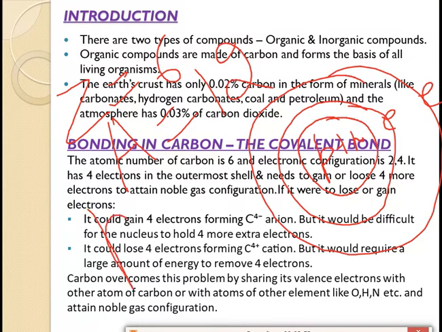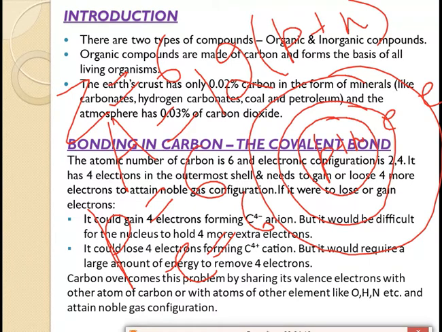So the number of protons is equal to 6 in carbon, and we know that in an atom the number of protons is also equal to the number of electrons. So the number of electrons is also equal to 6. Now the mass number A is equal to protons plus neutrons. If protons are 6, what will be the number of neutrons? 12 minus 6, that is 6. So in a carbon atom, 6 protons are present, 6 electrons are present and 6 neutrons are present. Remember this.